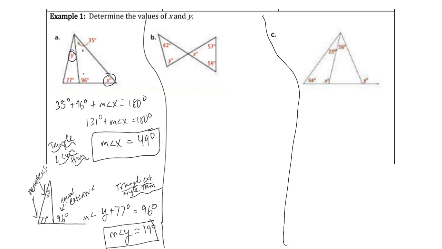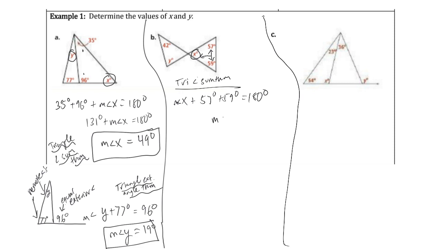We can find x by adding these three angles together and setting them equal to 180 degrees because of the triangle angle sum theorem. It tells us that measure of angle x plus 57 degrees plus 59 degrees equals 180 degrees, because in this triangle all three angles add together to 180.